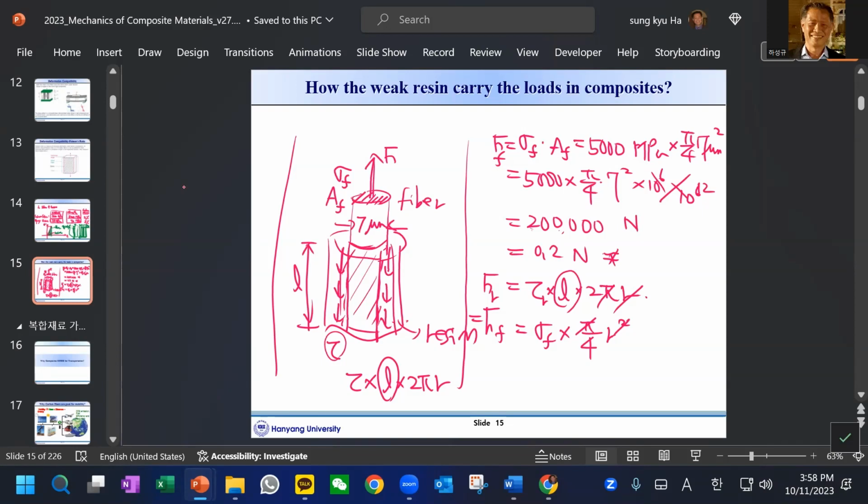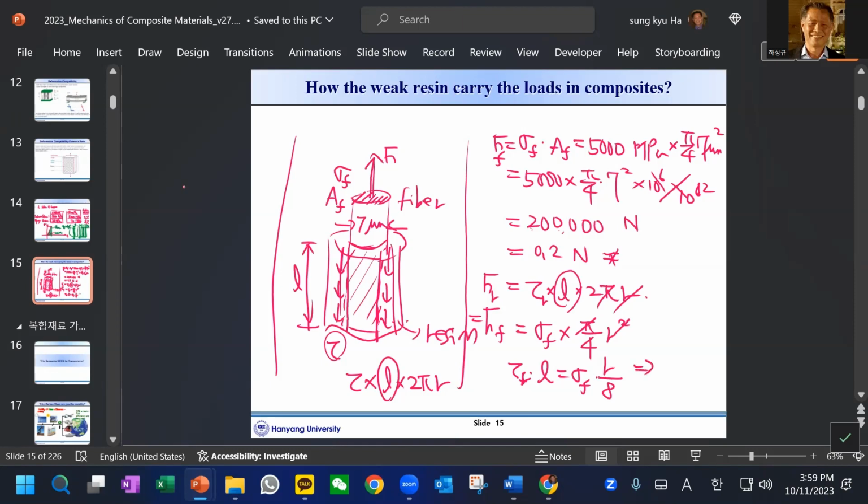So the tau F, tau R. Okay, I'm going to rewrite here. L equals sigma F times the pi R, right?